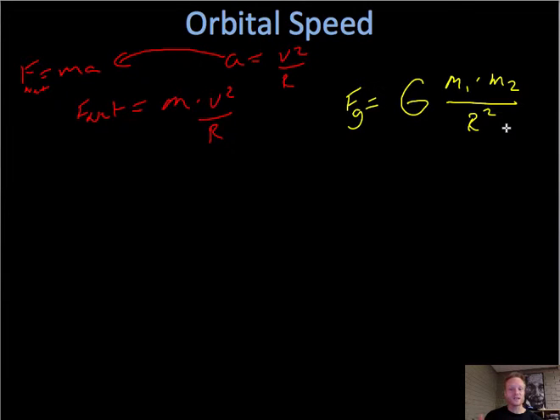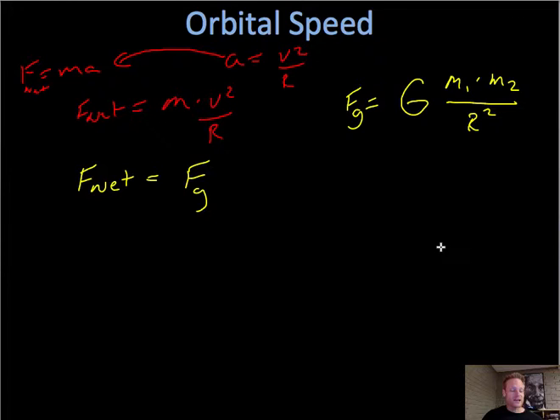And so the net force is the force of gravity in most of the things that we're talking about when we're talking about circular motion of satellites, say the moon, a satellite, a spaceship that's orbiting the Earth, whatever the case may be. And so we could say the net force acting upon an object that's undergoing circular motion around a planet or whatever is the force of gravity. That is the only force acting upon it.